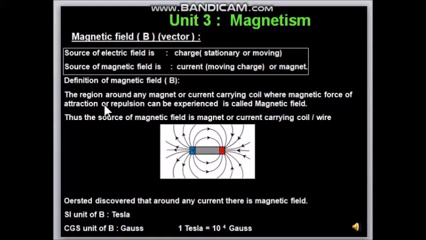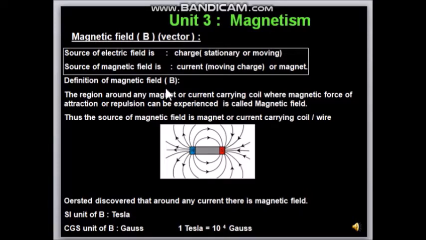So here we have studied that the source of electric field is charge. Whether the charge is stationary or moving, around any charge there is always an electric field. And around any current, that means around only moving charge, one more field is there, that is the magnetic field. This way we have two fields, electric field and magnetic field. So let us conclude the definition of the magnetic field.